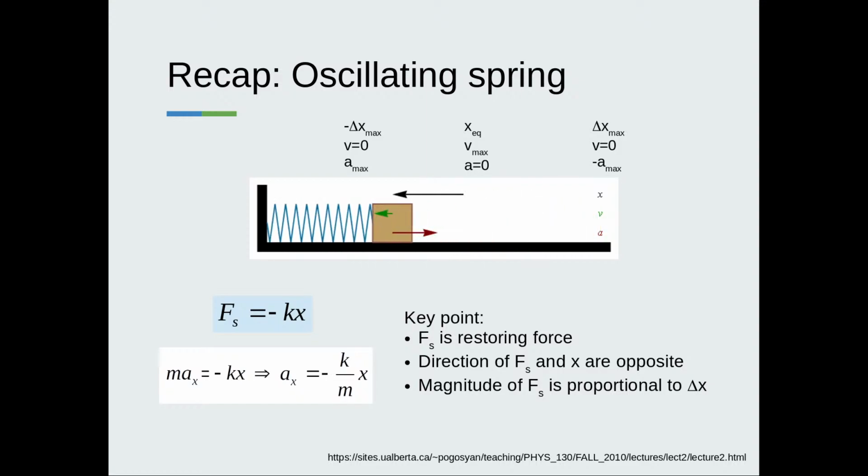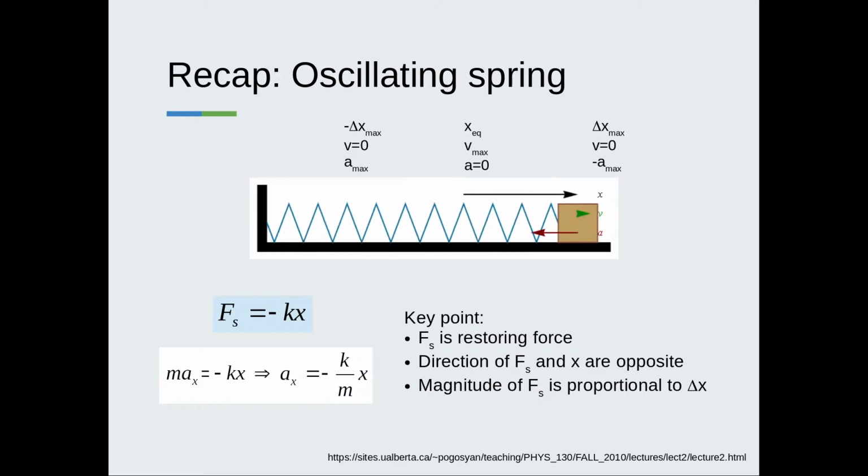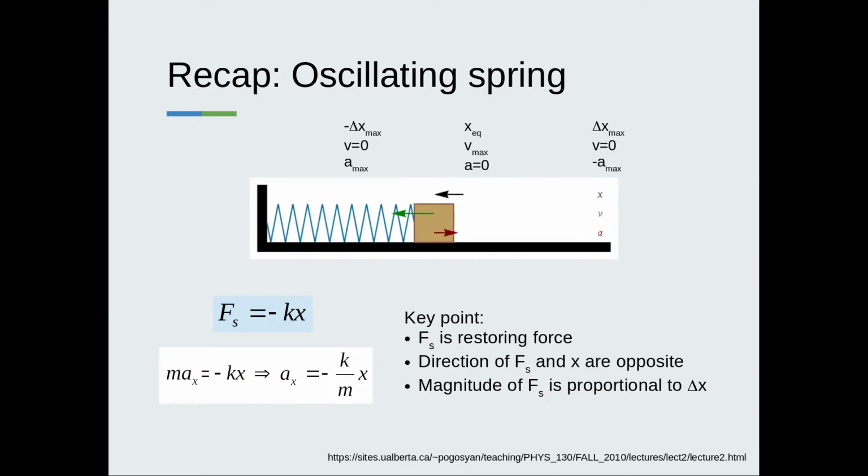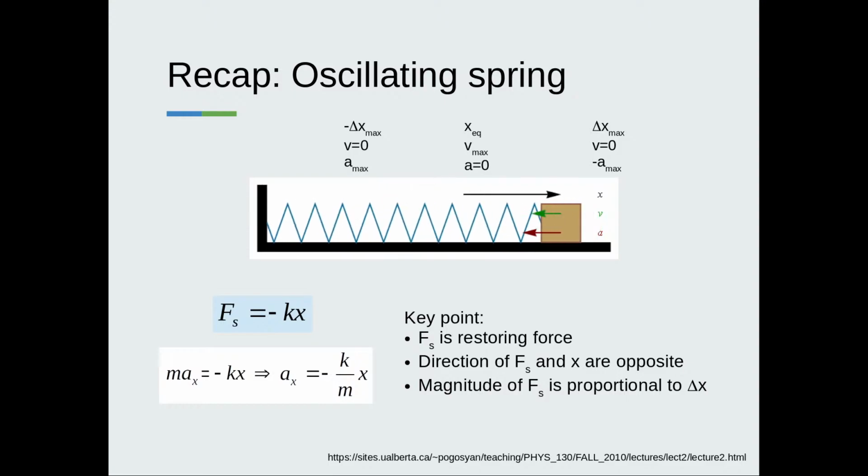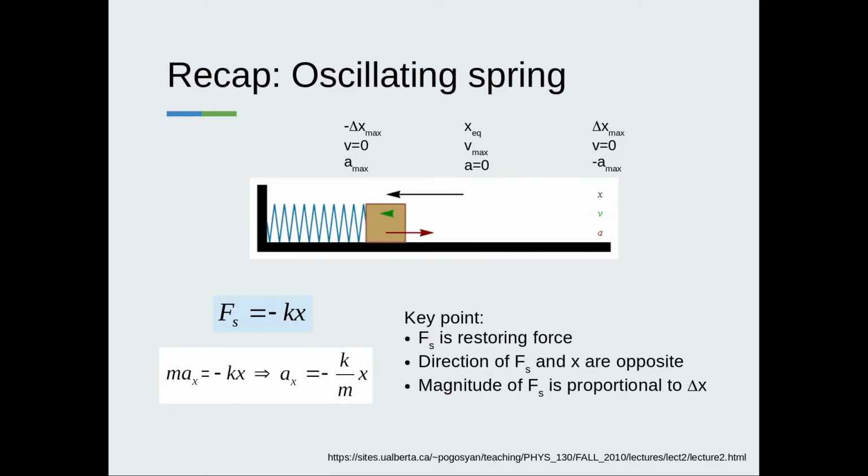Second point, the direction of the spring force and x are opposite. So this is the second important point. The third one, the magnitude of the spring force is proportional to delta x. So that is represented by Hooke's law. So here are the 3 key points in this system.